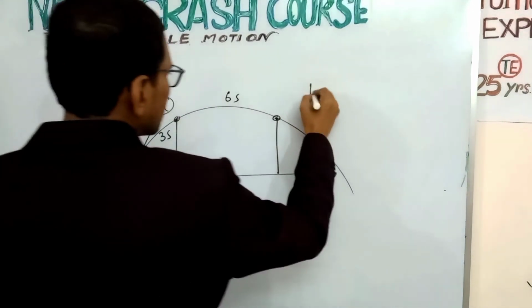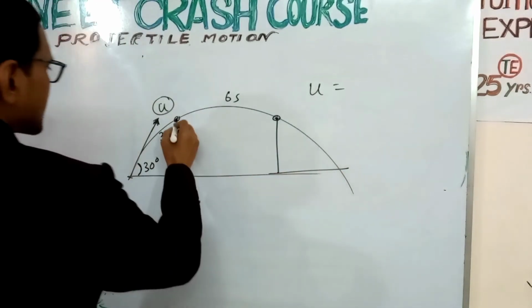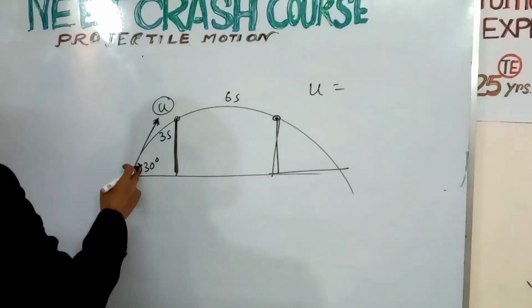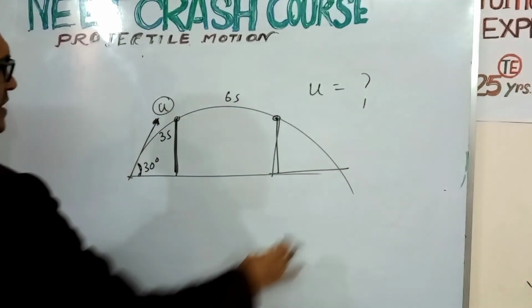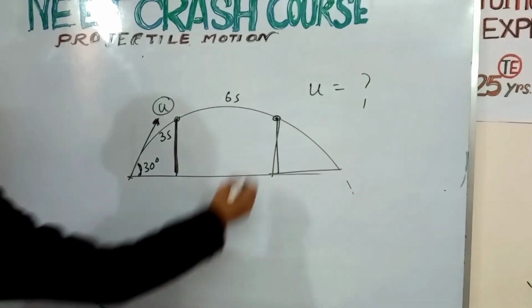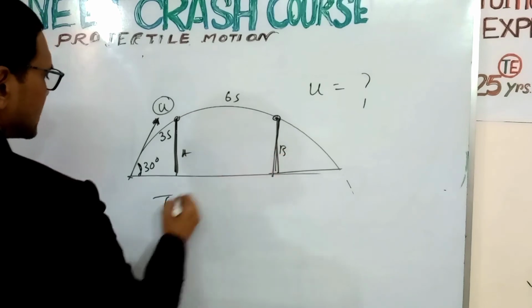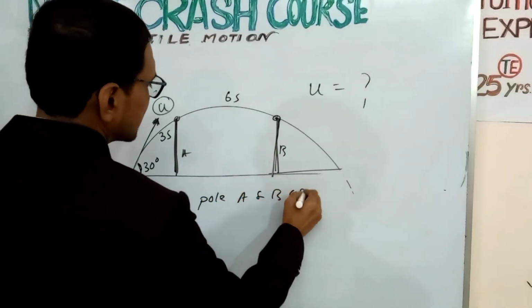Now find the velocity for which it is possible to cross the same poles at 3 seconds and 6 seconds. Two poles A and B are of the same height.